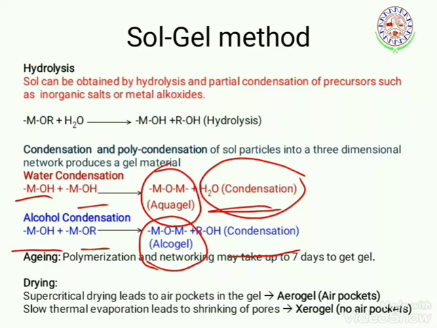Then we have aging. We keep that gel for gelation, further polymerization, polycondensation reaction. It may happen overnight or it may take 7 days to get gel. Then we have to dry the gel. Either we can go for supercritical drying, where you get air pockets in the gel, so we call that gel aerogel.